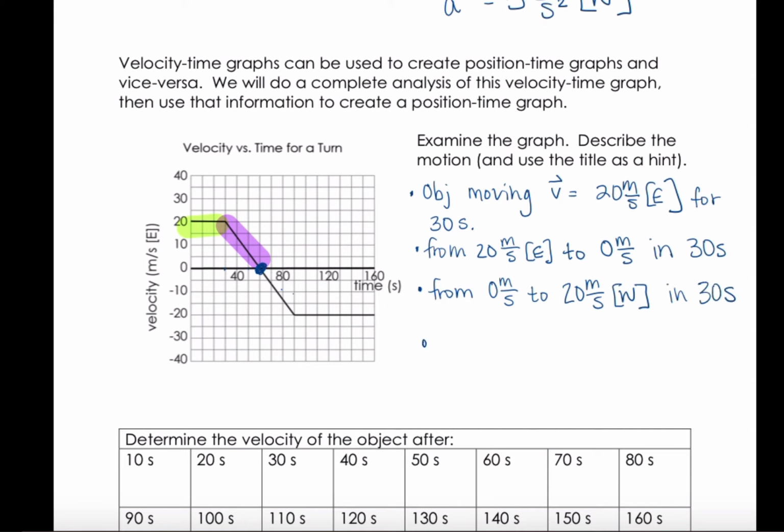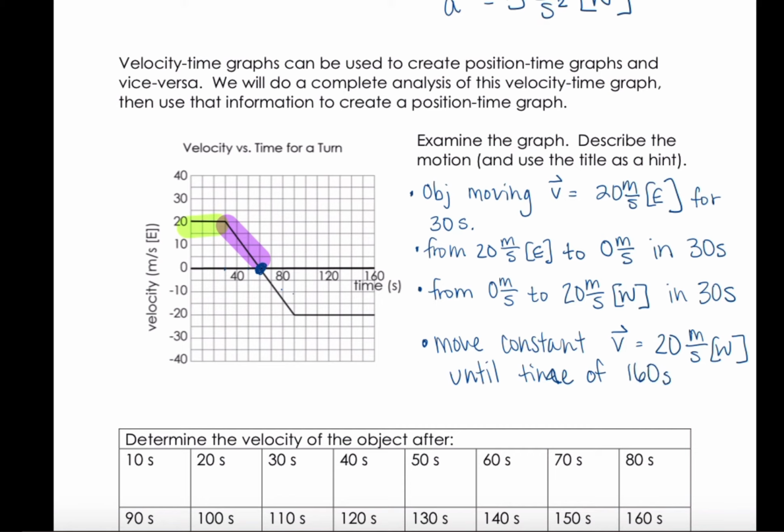Okay, and then they're going to move at a constant velocity of 20 meters per second west until a time of 160 seconds.